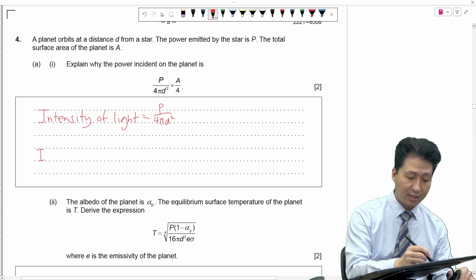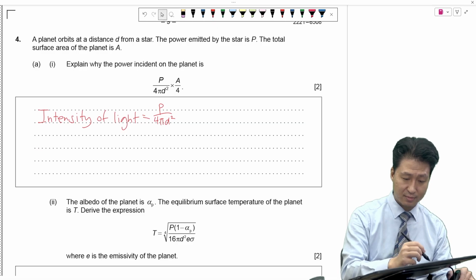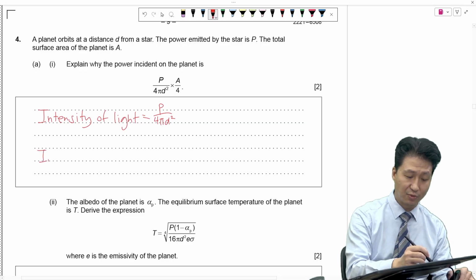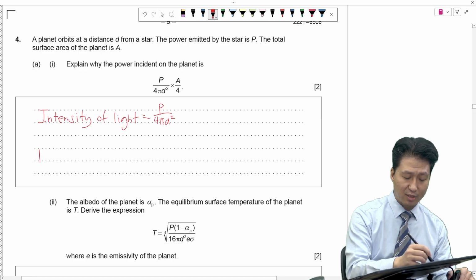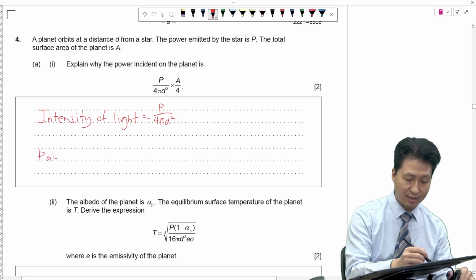Next, actually, let's calculate the power absorbed by the planet.